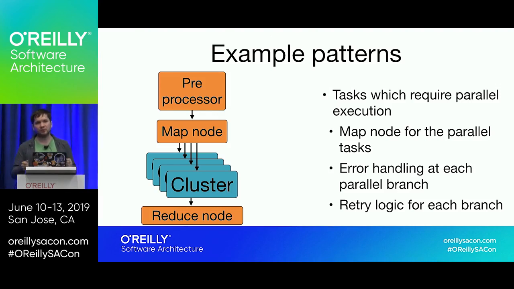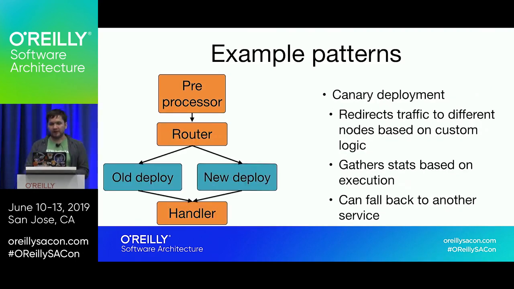So your parallelization won't be just fanning out 10,000 requests and trying to gather them; you will have logic for each one of these branches. And finally, it allows a kind of canary deployment, where you have old and new deployments, because the orchestrator can switch traffic, gather data, produce results, and so on.